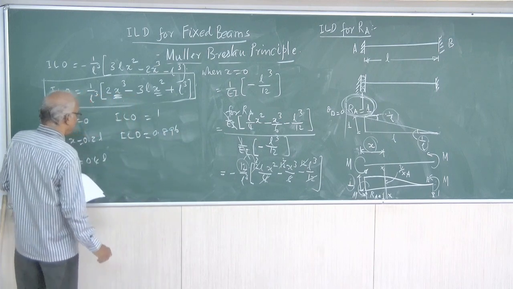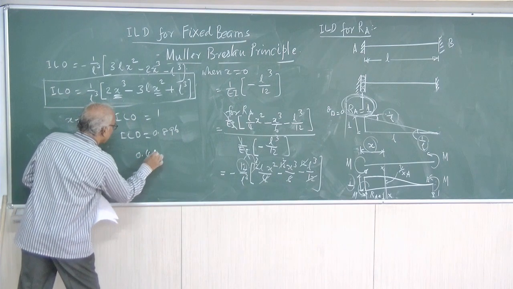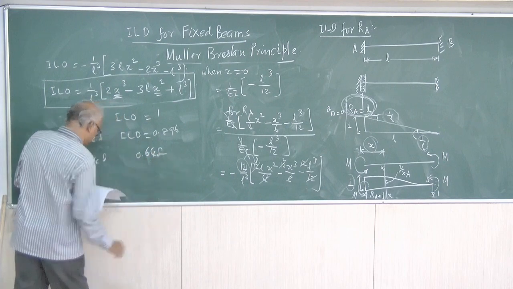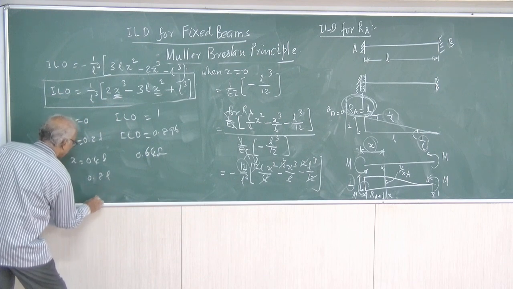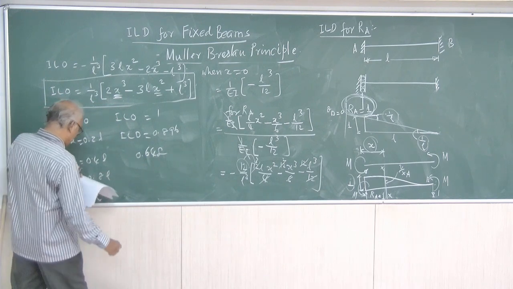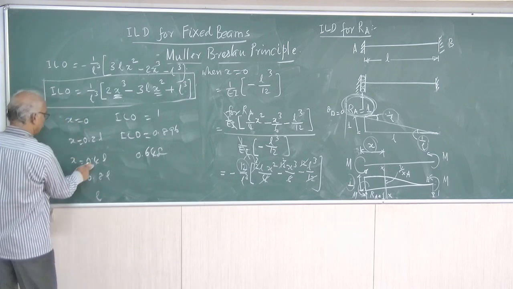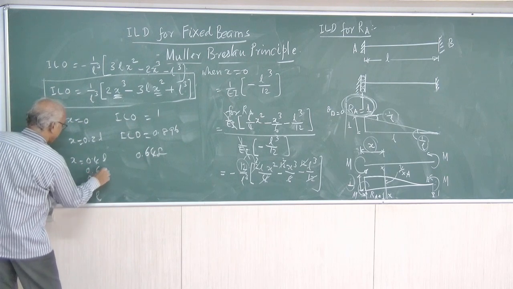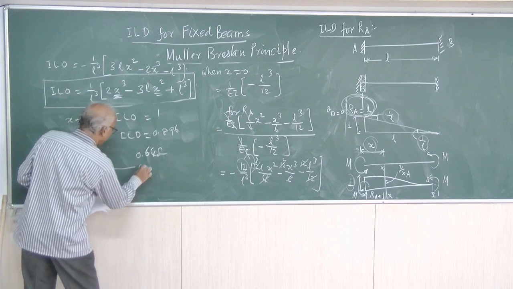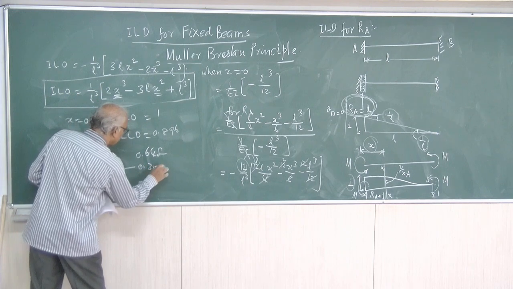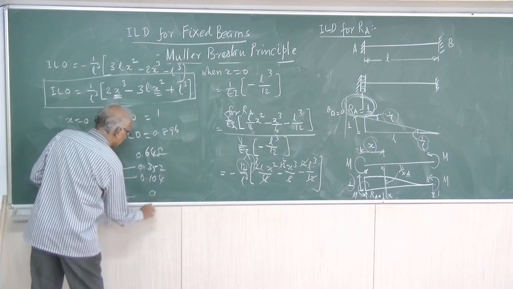Similarly, for 0.4L it will be 0.648, and for 0.6L it is 0.352, for 0.8L it is 0.104, and here it is 0.